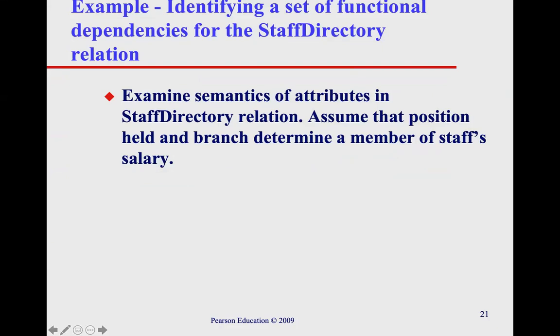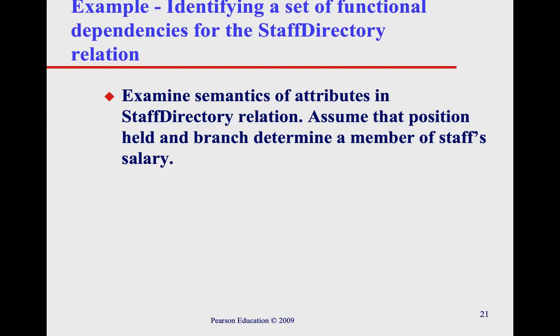Okay, so now what I want you to do is take about 3 or 4 minutes and see if you can identify the set of functional dependencies for the staff directory relation. And I want you to assume that the position held in the branch determines a staff member's salary. So for example, all managers at branch B5 will earn the same amount of money.